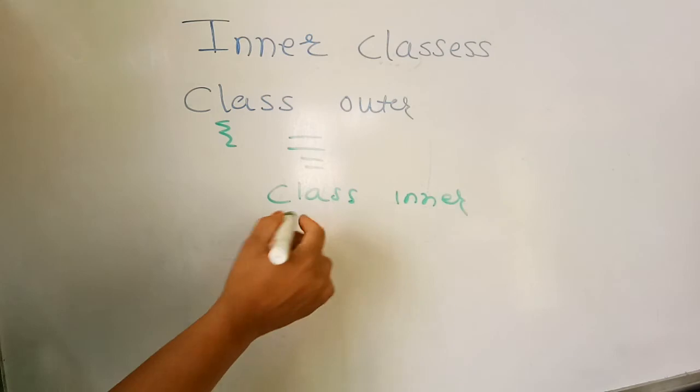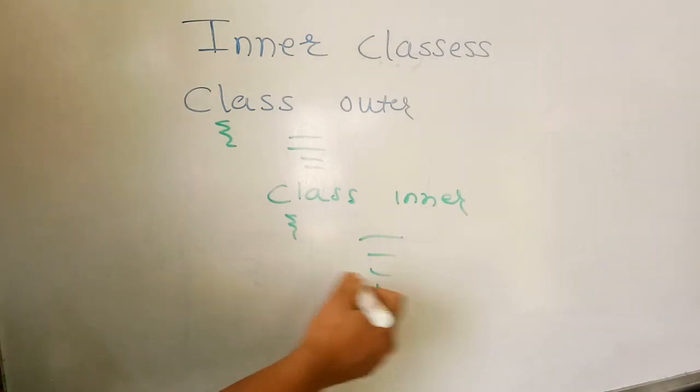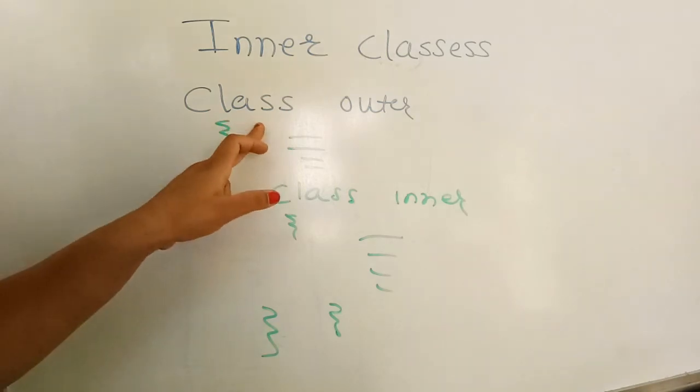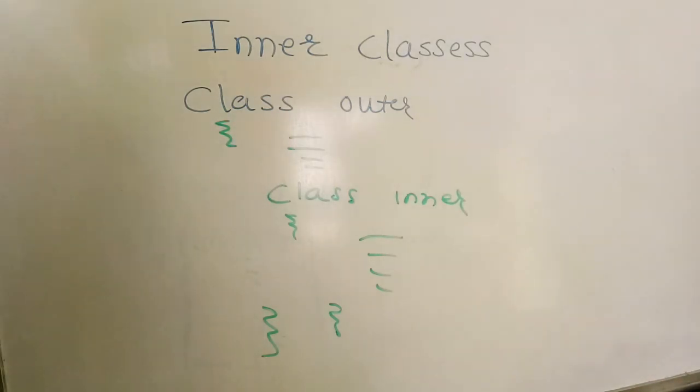The inner class is a completion of the outer class. So a class defined in another class is known as an inner class. The scope of the nested class is only within the outer class, which means it can be visible only within this class, not outside of this class.